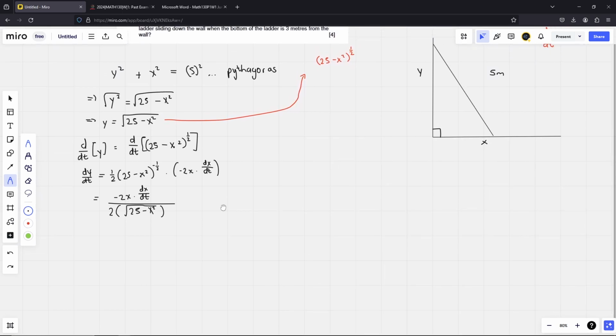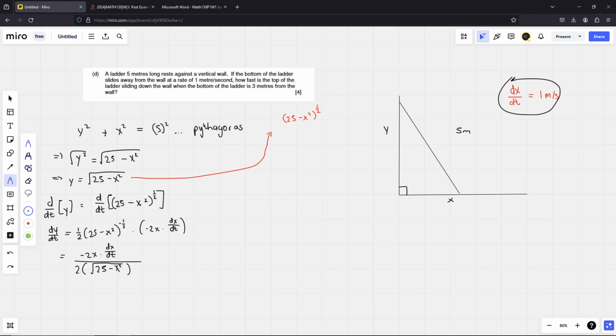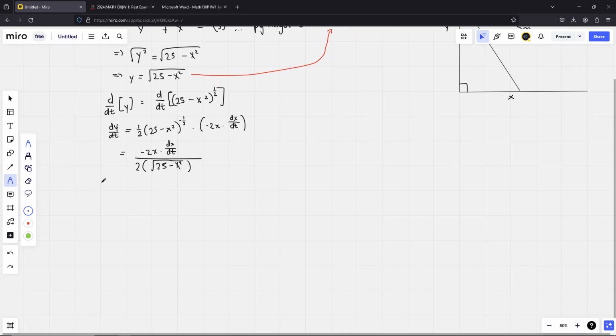Now we have dx by dt in our expression, and we have a dx by dt which is given, so we know that dx over dt is changing at 1 meter a second, so we can sub that in. So this is just going to be minus 2x all over 2 into 25 minus x squared, and we're going to root that.